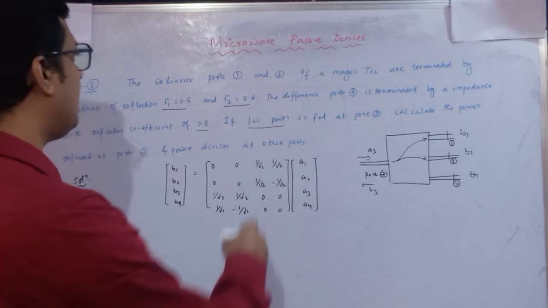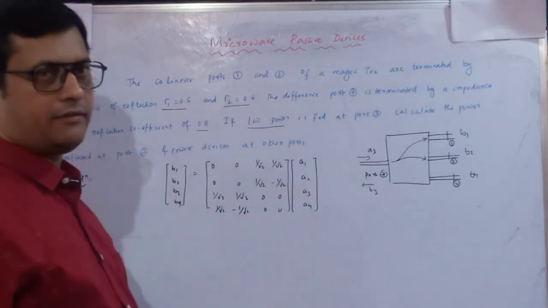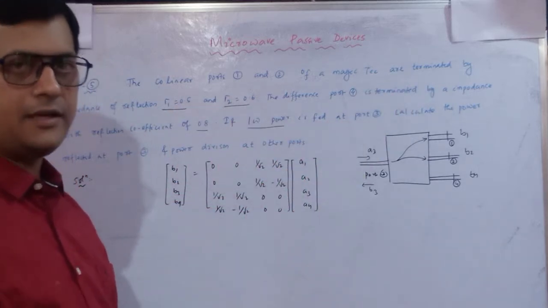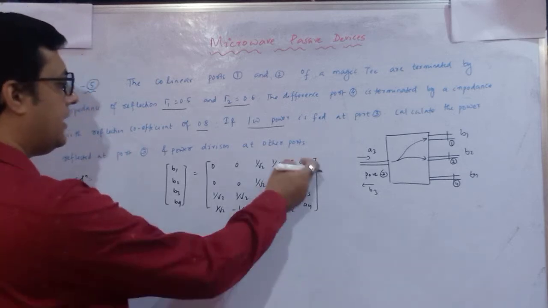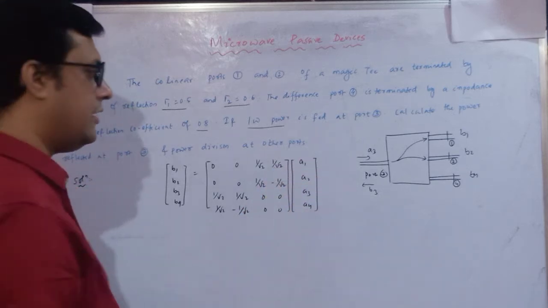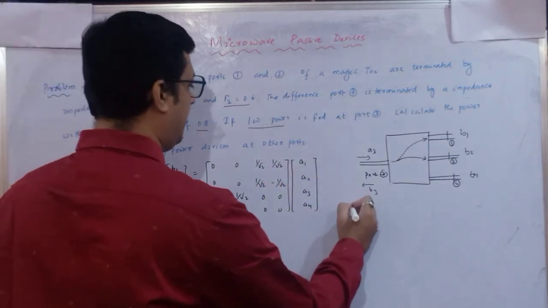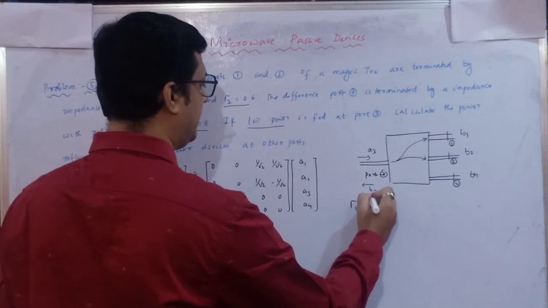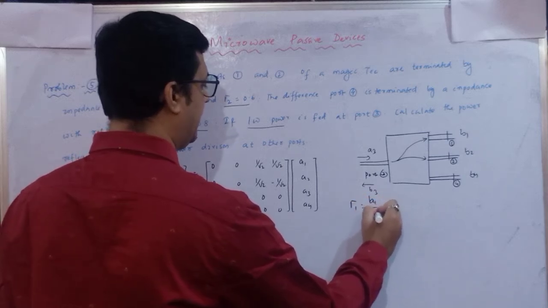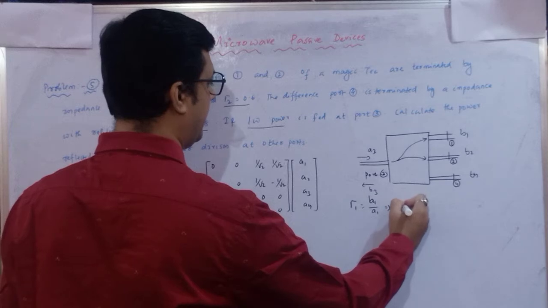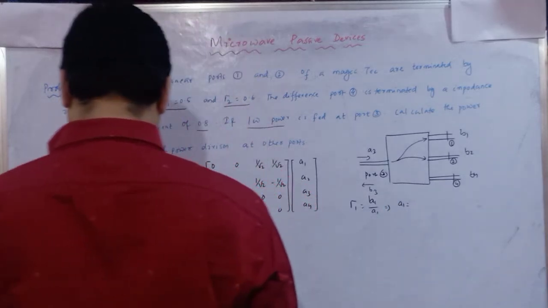Okay. And here all the reflection coefficients are given. So if the reflection coefficient is given, it is easy to determine A1, A2, A3 and A4. How? Let's see. Reflection coefficient 1 means it is B1 by A1.